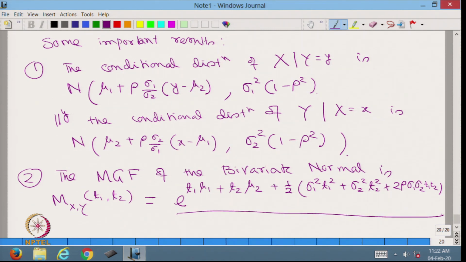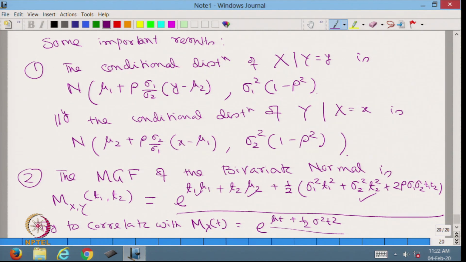It is apparently slightly complicated, but try to correlate with moment generating function of x is equal to e to the power mu t plus half sigma square t square, then you can see that most of the terms are very similar because there are two random variables, therefore, their respective means are coming and this is coming from the variance covariance matrix.